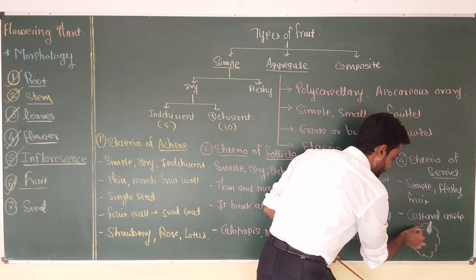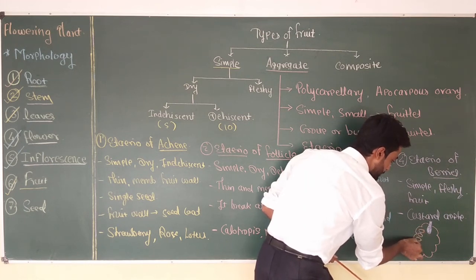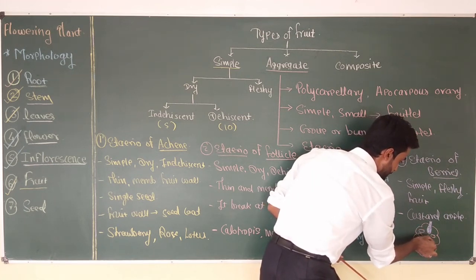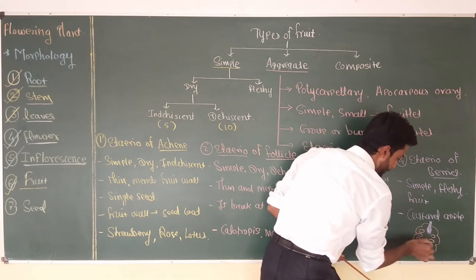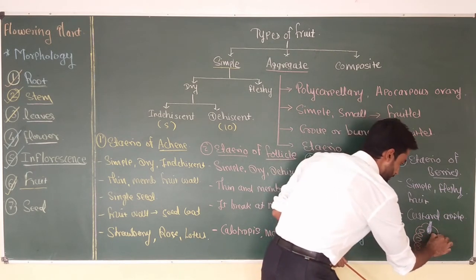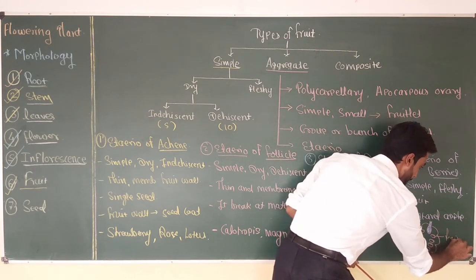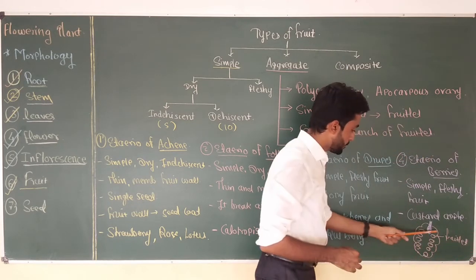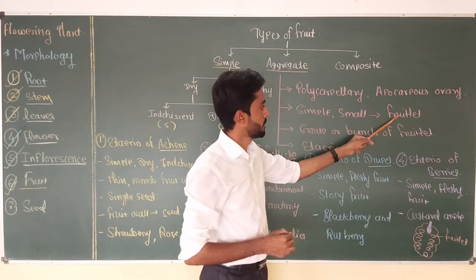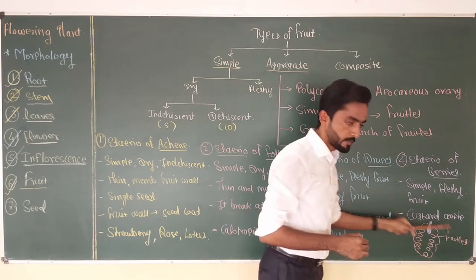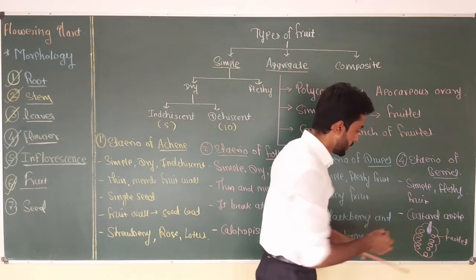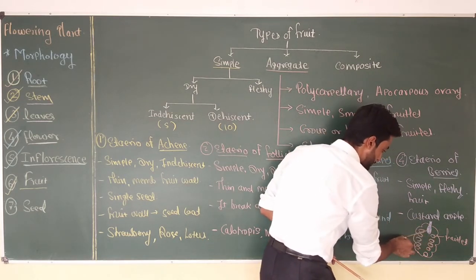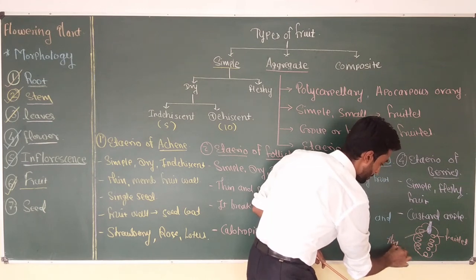In this fruit, seeds are attached like this. Okay, so this is nothing but the fruitlet. So multiple fruitlets come together to form a single fruit, so it is called aggregate fruit, and the central portion is nothing but the thalamus.